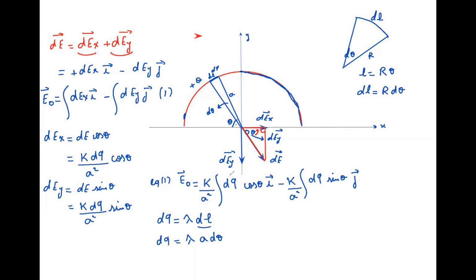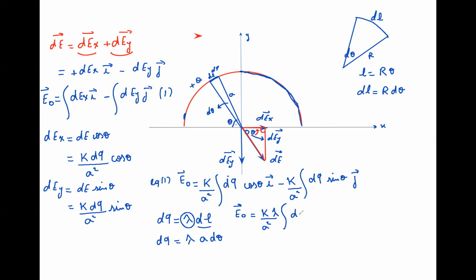We substitute the value of dq here. So E at the point O equal K divided by A square. dq equal lambda dl. Lambda is constant because the charge is uniformly distributed on the object, so we can put lambda out of the integral.